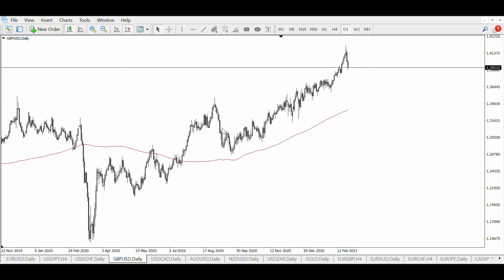Now, these points and these structures will tell us where the market is moving and what the long-term direction is. And I would highly recommend you to always follow the long-term direction, because that is what the market's been moving like for X amount of time. So I would not advise going against the trend or the move that the market has been making for the longer period of time.